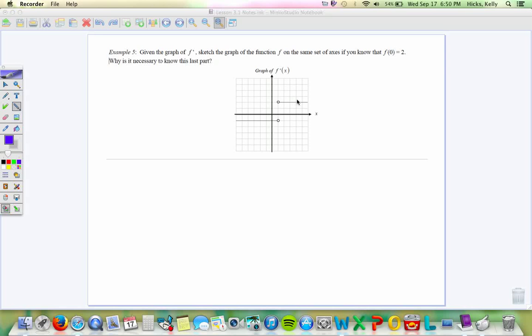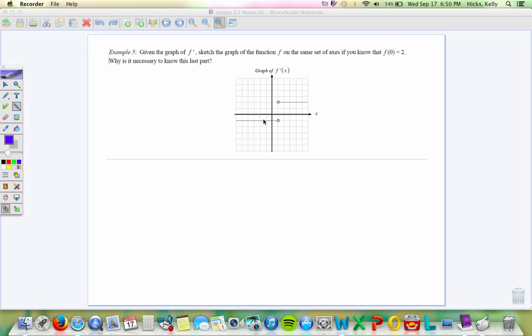So remember, this is the graph of f prime of x. So this is a graph showing the derivative values at any x. You may or may not want to sketch along with me right now. You can. There'll be a few changes, but it's nothing you can't just add to your graph.